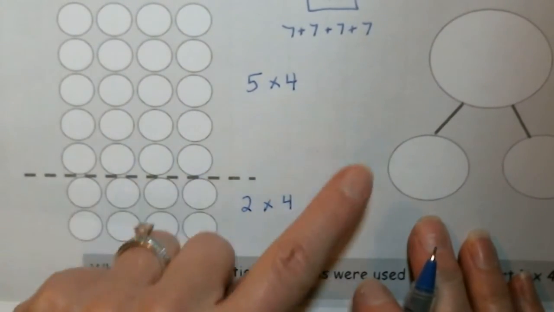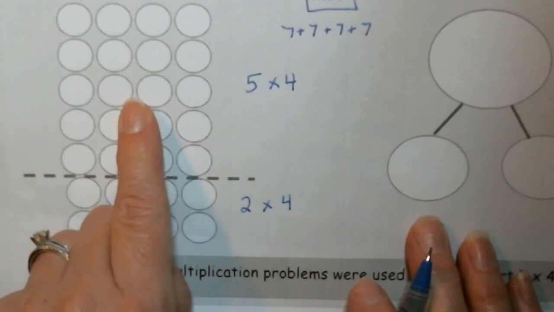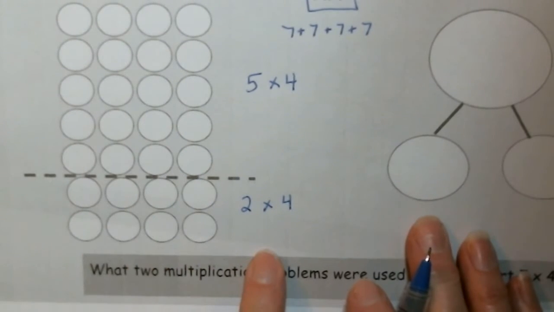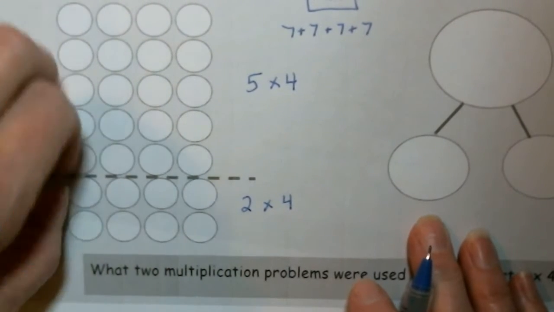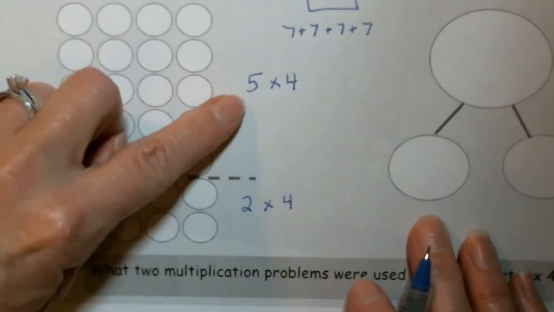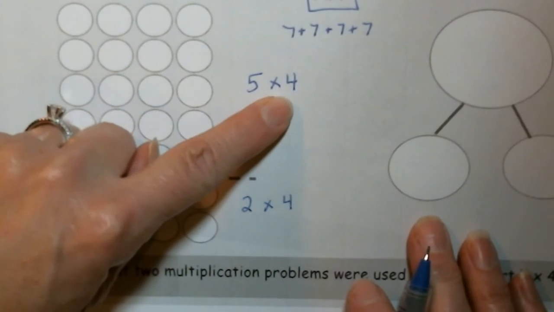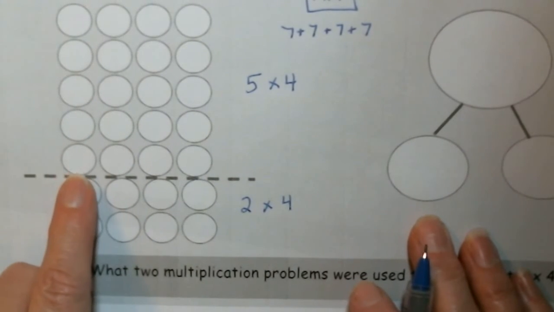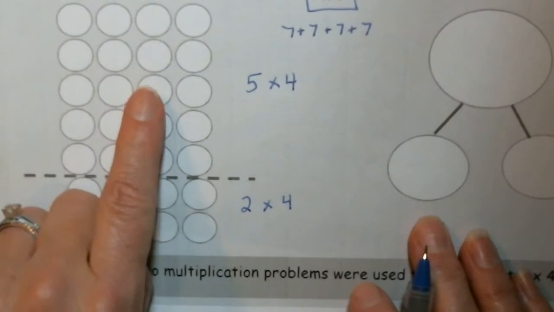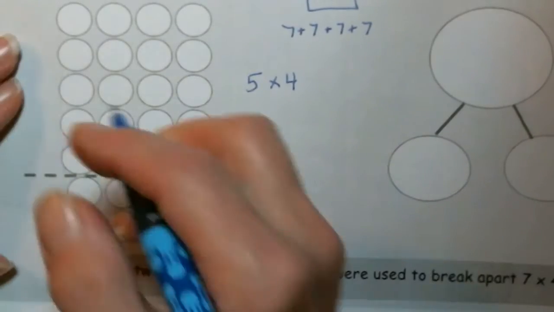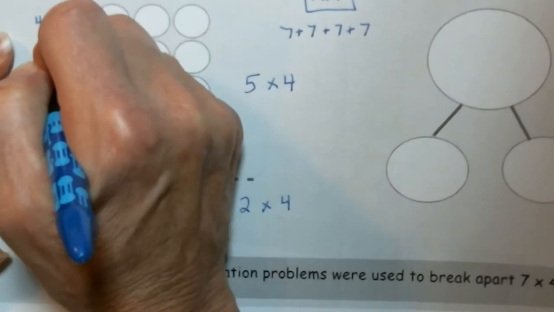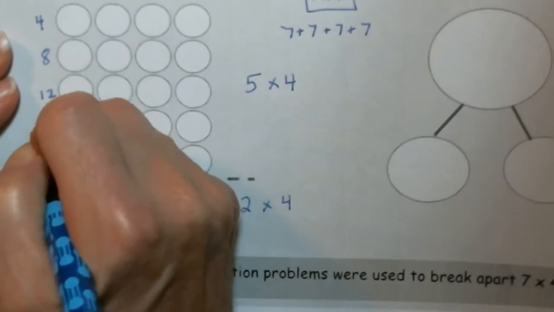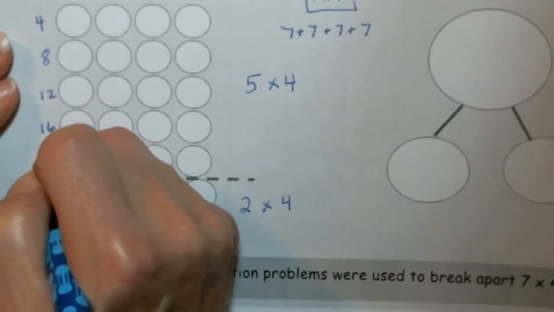Now, when they get done figuring out what 5 rows of 4 is and 2 rows of 4, they'll have to add it up to get the total array. So 5 rows of 4. If I wanted to do it by 5s, 5, 10, 15, 20, or I can do 4, 8, 12, 16, 20.